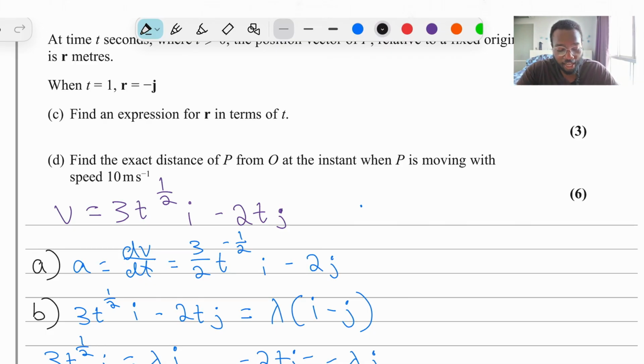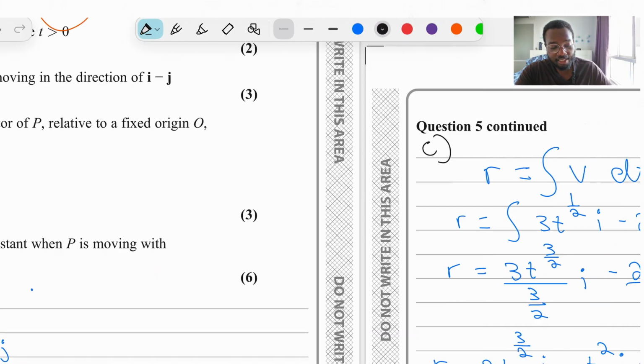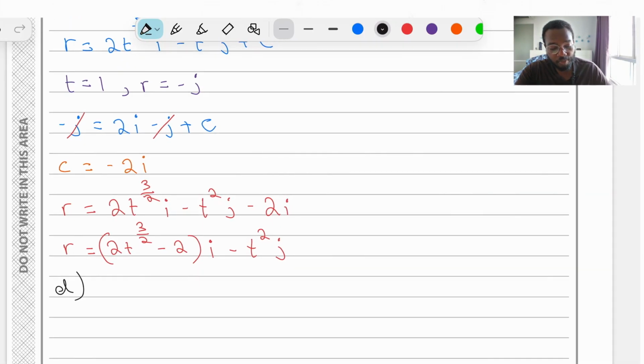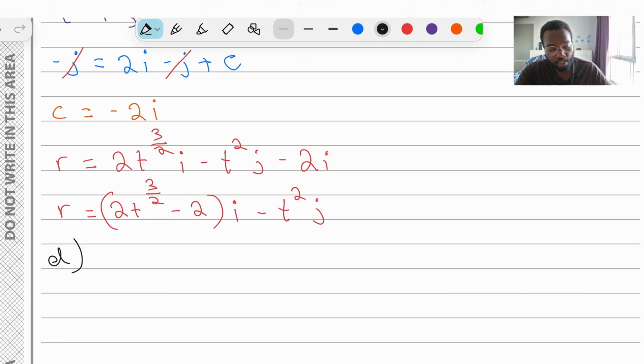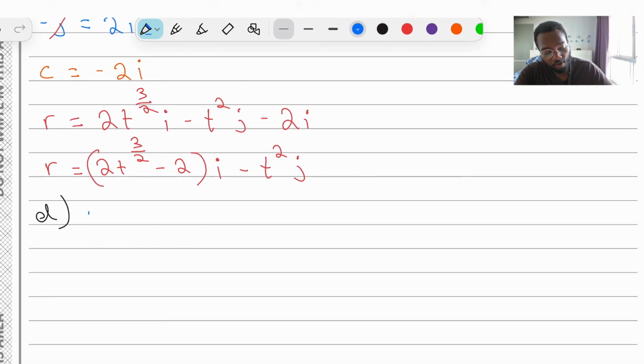If it wants our speed, what do we know? Our v value, I've written this so many times but I'm going to keep writing it, is 3t to the power of a half i minus 2tj. We know that is the velocity, but they tell us that the speed is 10.